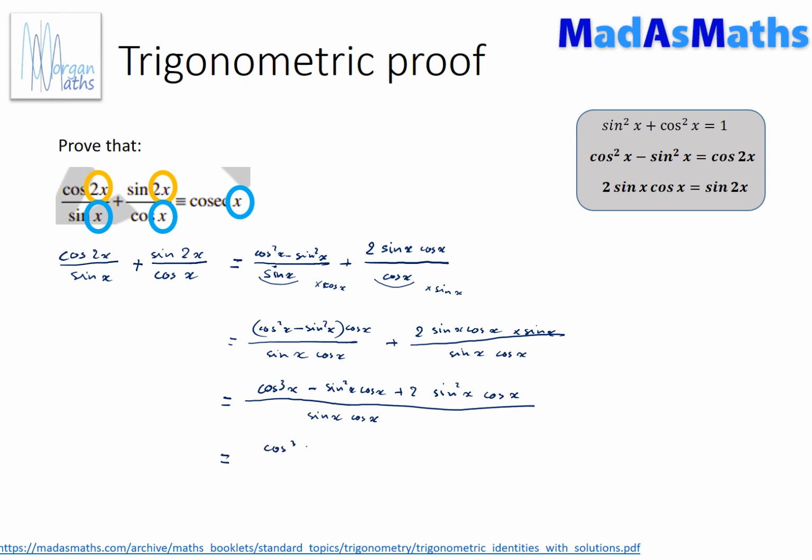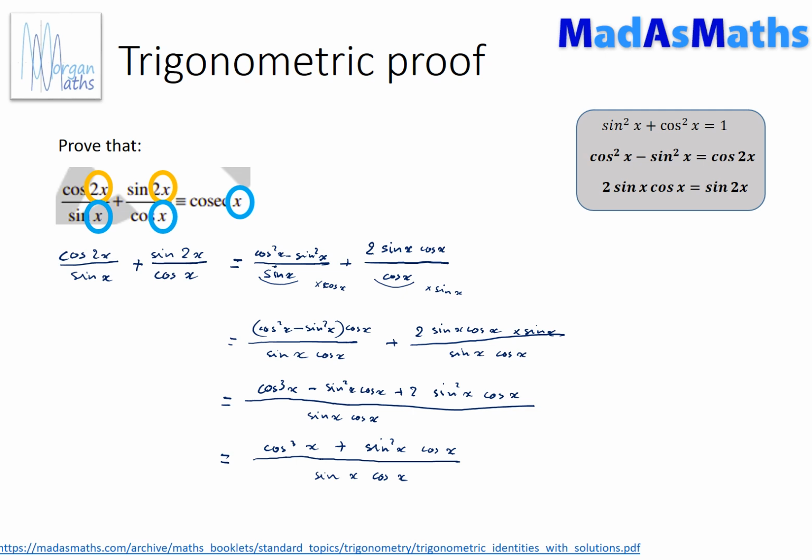Okay, nice, because I can now simplify those sine squared x cos x, because I've got 2 of them minus 1. So I'm now at cos cubed x plus 1 sine squared x cos x, all of that over sine x cos x.